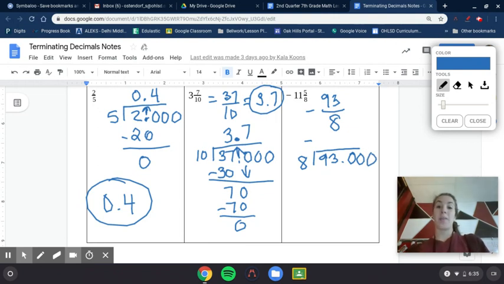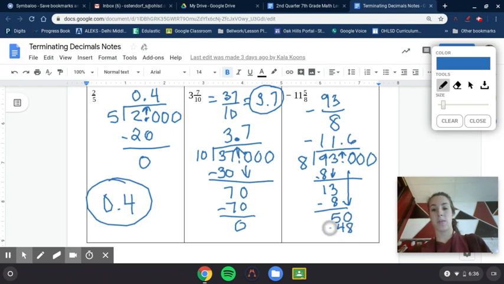8 can go into 9 once, so minus that is 1. Bring down my 3. 8 can go into 13, but only once, which is 8. Minus that is 5. Bring up your decimal, bring down your 0. 8 can go into 50 6 times, which is 48.